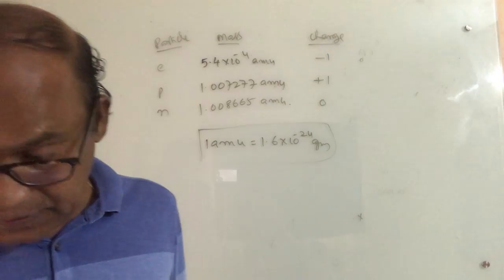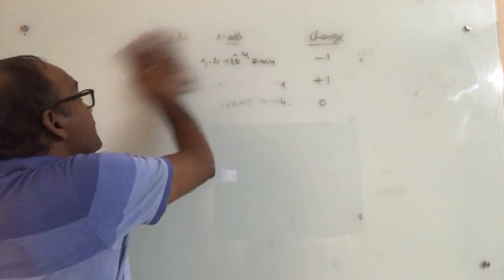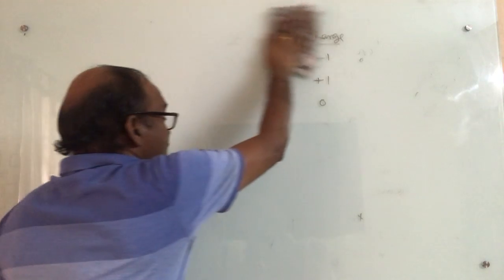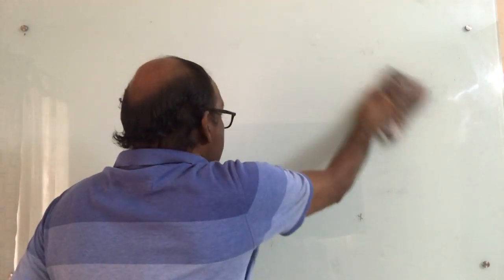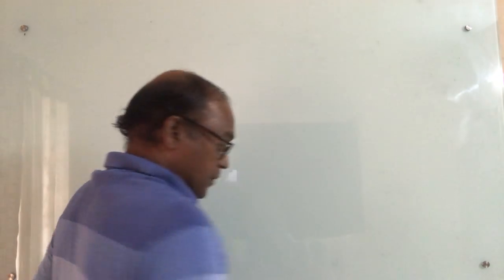So with this, we can move on to the next historical aspect of the atomic structure, which is Rutherford's alpha scattering experiment.